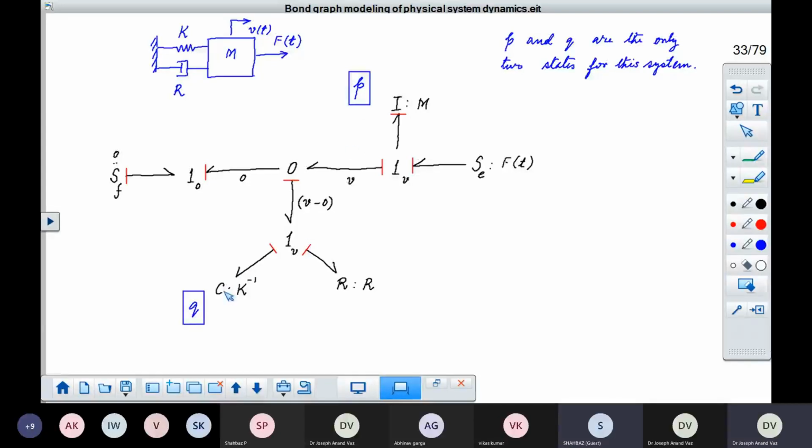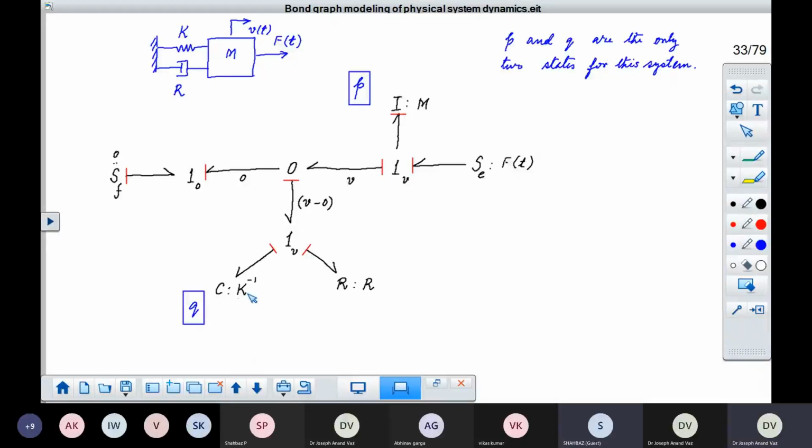There is only one C element also in this bond graph, and that's also going to contribute a state to this system. So we assign the state Q over here because for the C element, the state contributed is always the generalized displacement.